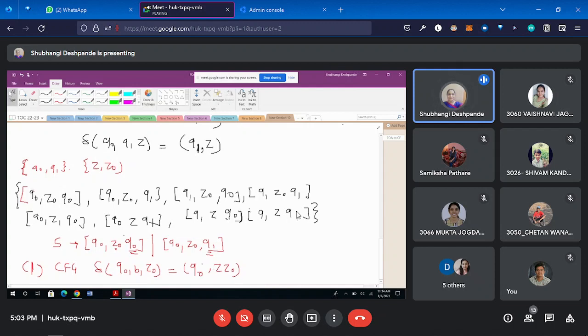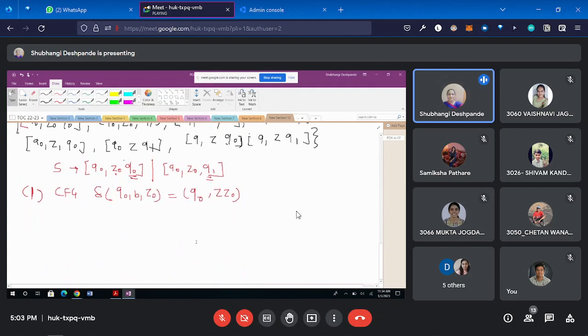So for that purpose, how will you write the production now? Just see here. So production for this is Q0, Z0, Q0, which results into B, and in bracket it is Q0, Z, Q0, or Q0, Z0, Q0, because both are there, Z and Z0.